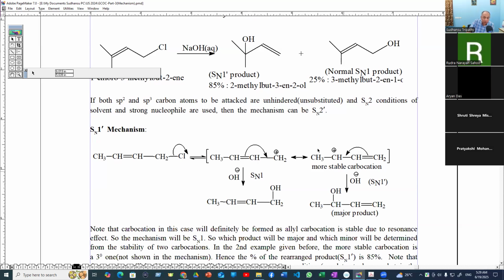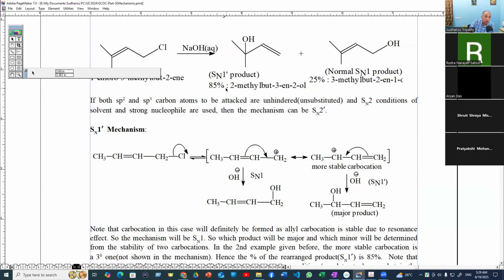The major product will be the rearranged product, because of the stability of the intermediate 2-degree carbocation, allylic and 2-degree, the activation energy will be lowered and the kinetics will prevail to produce the major product as this. But from the original carbocation, the thermodynamically stable product will be the minor product.